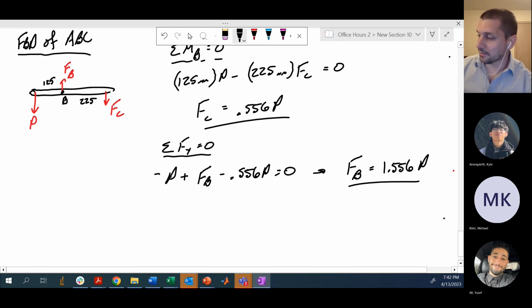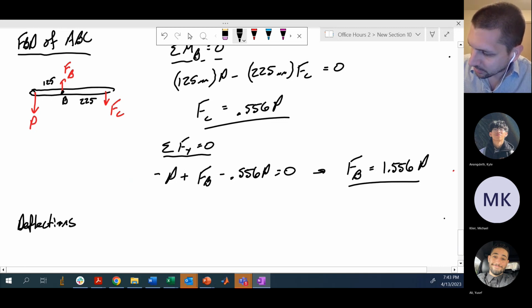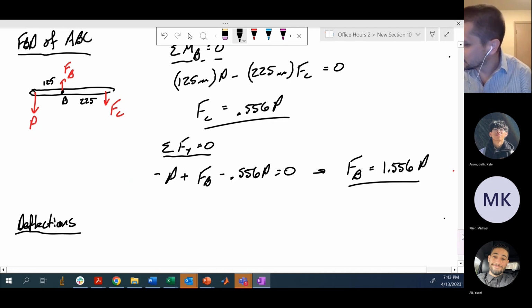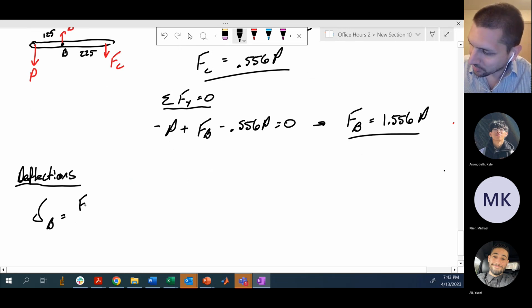Okay, so now we've got FC, we've got FB. Let's go back to our deflection equations. So the deflection at B is going to be that force FB times the length of member BD over the modulus and the area of that member BD.